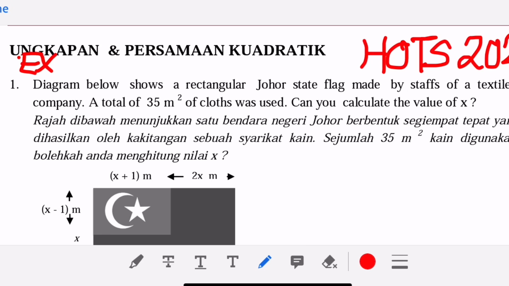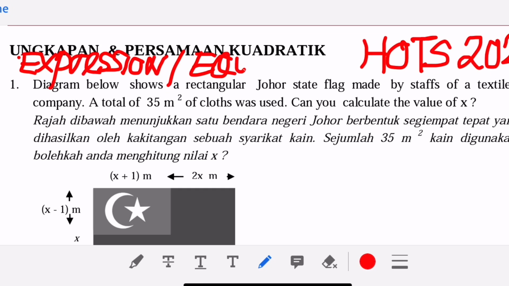So now you need to focus on the keywords. As you read, you highlight the important keywords, okay? Because this topic is on quadratic expressions and quadratic equations, we need to write down the quadratic expression or quadratic equation later on, and we need to solve the quadratic equation.